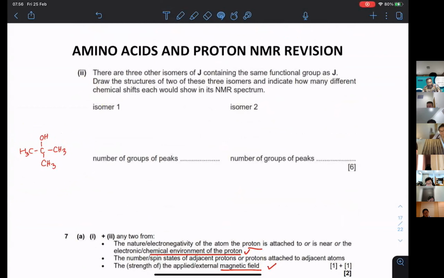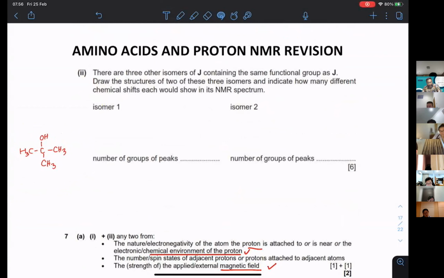If I look at this, this is also a different environment. This one is attached to C2H5, while just now it is attached to CH5O, so it's different. This one and this one are different, and this is also different. So how many peaks do you have? You count 1, 2, 3, 4, 5. 5 peaks.